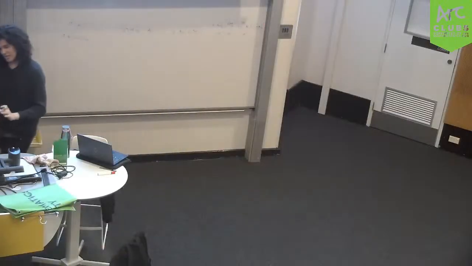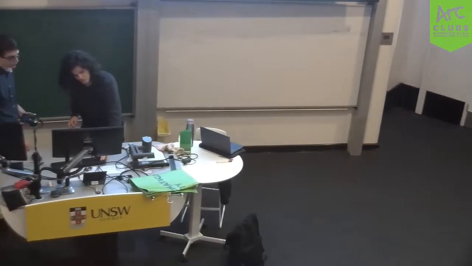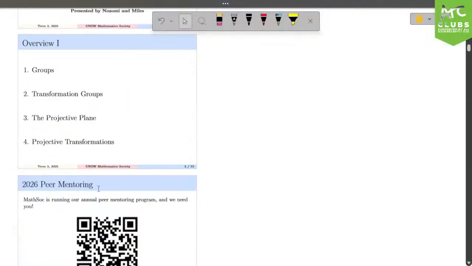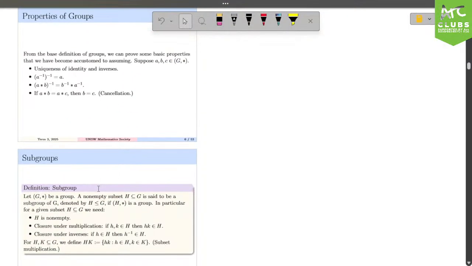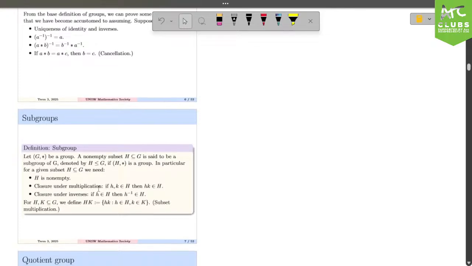Now, if you move on to the subgroups. Now, a subgroup is a non-empty subset H of G, where H is a group: H is non-empty, closed under multiplication and closed under inversion.